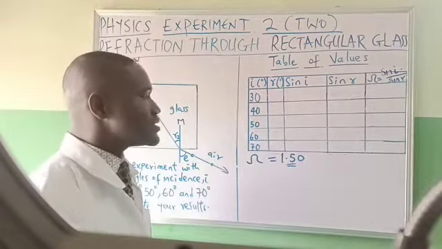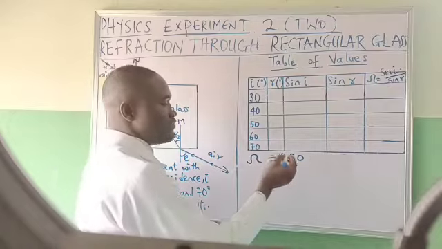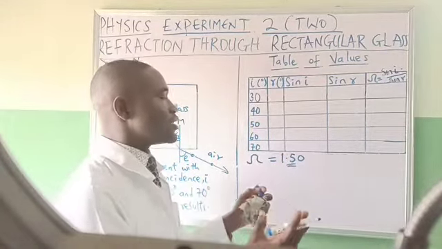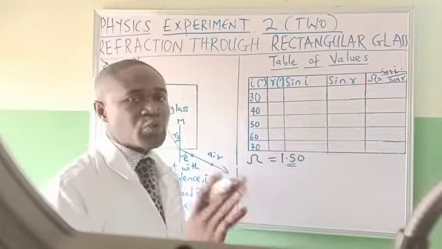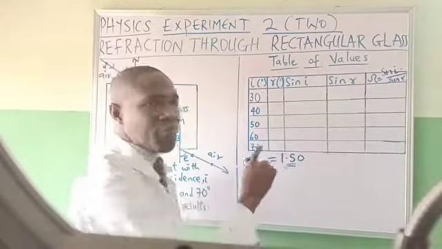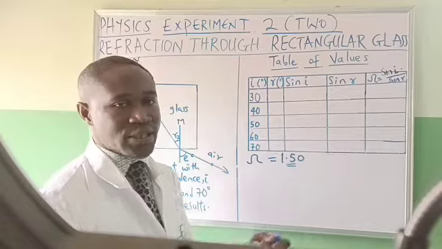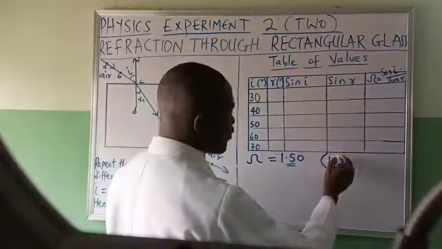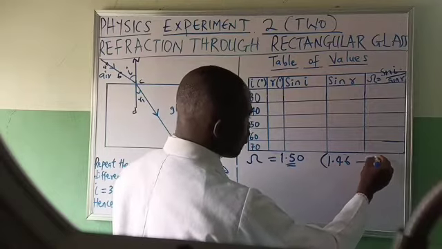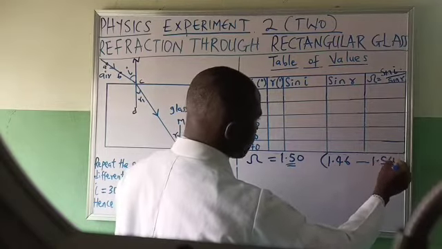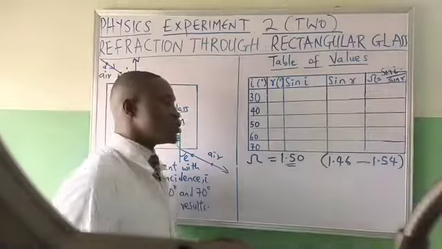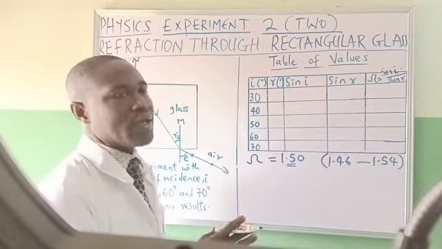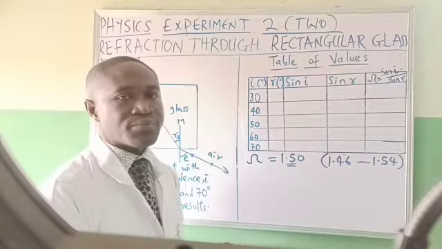If everyone is to perform this experiment, it's possible we will not get exactly 1.5, but there is always a range. The range could be between 1.46 to 1.54. This is the range we can have, and it will still be acceptable.